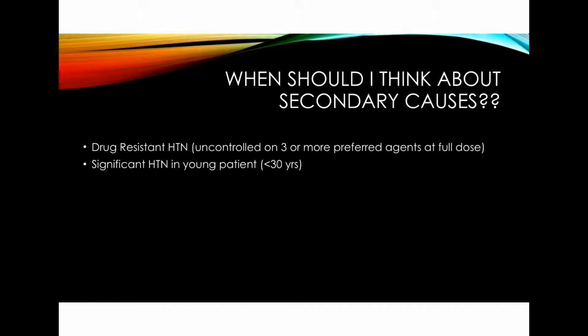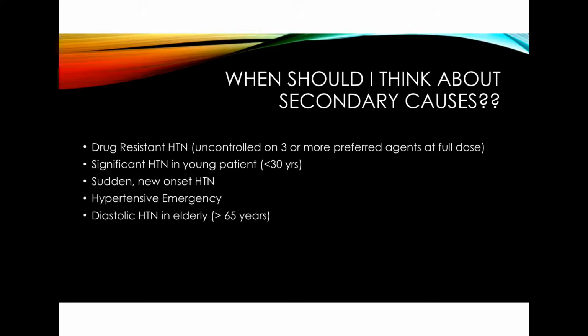Also, you should consider this in young patients who have unexplained hypertension, patients with sudden new onset hypertension, patients who present with a hypertensive emergency, isolated diastolic hypertension in the elderly, since elderly patients typically have isolated systolic hypertension, and hypertension that's associated with severe hypokalemia, in which case you should suspect hyperaldosteronism or Liddle syndrome.